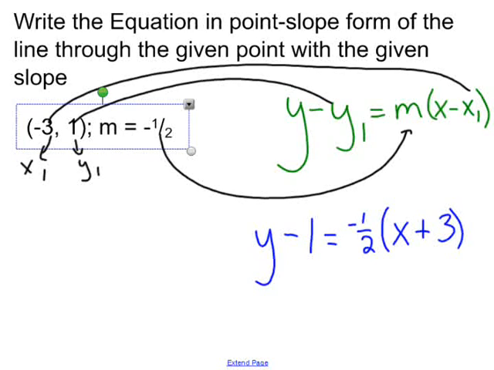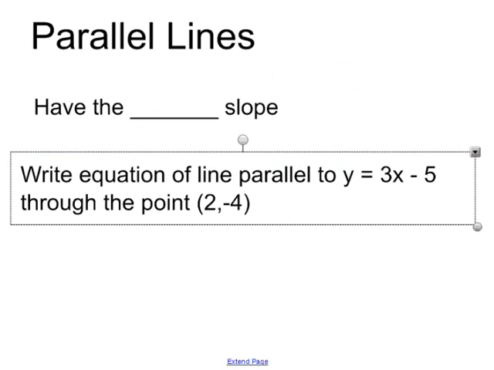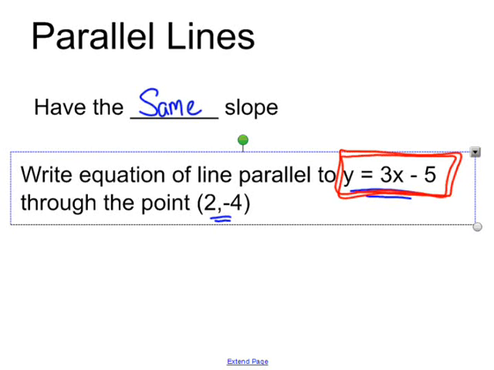All right, the next thing we need to talk about are parallel lines. One thing we've learned in the past is parallel lines have the same slope. Again, that's something you probably want to write down or have memorized or put on your note card. Now when it asks us to write an equation of a line parallel to some line, and they give us a point, the only purpose they give you this line is to grab the slope from.